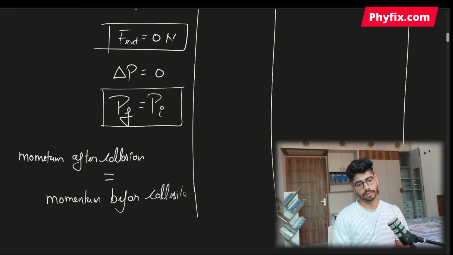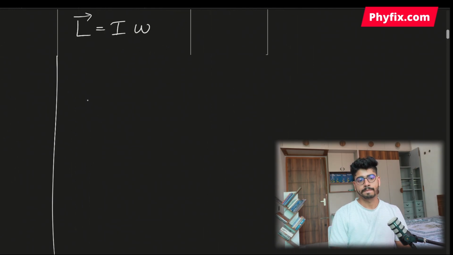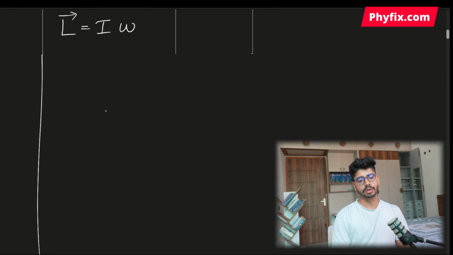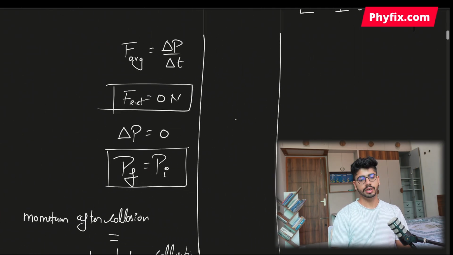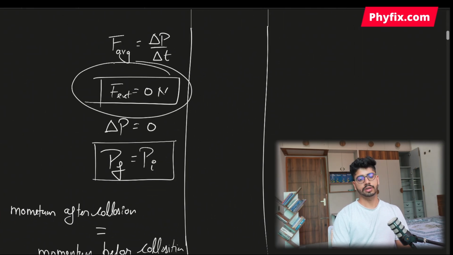So this is the thing that we have to take care of. Now we basically have the conservation of angular momentum. Linear momentum is conserved when the external force is zero. In the same way, if we find the net torque, it is equal to the rate of change of angular momentum.